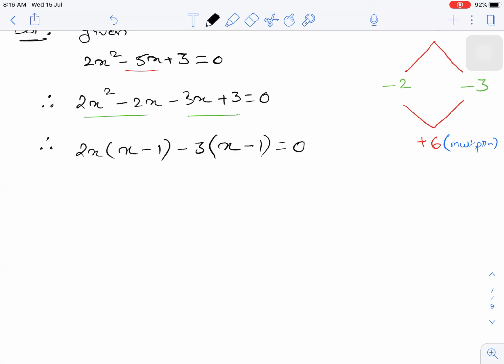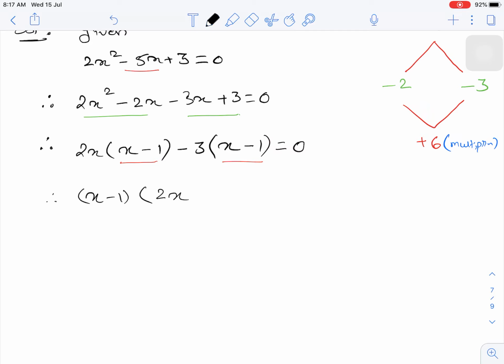In both the terms we can see that x minus 1 is present, so we can take it common. If we remove x minus 1 from the first term, what will remain? That will be 2x. And from the second term, if we remove x minus 1, what will remain?